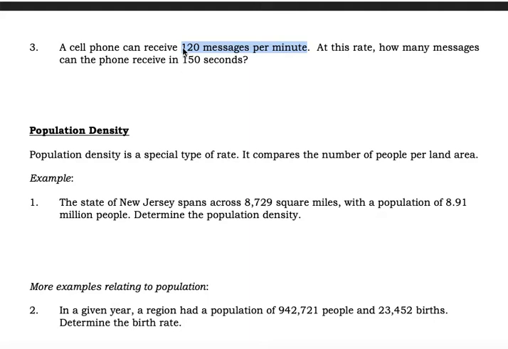What's easier is this is technically already a unit rate, because 120 messages per minute is essentially 120 messages per 1 minute. So I'm just going to write that down. My rate, 120 messages per 1 minute.